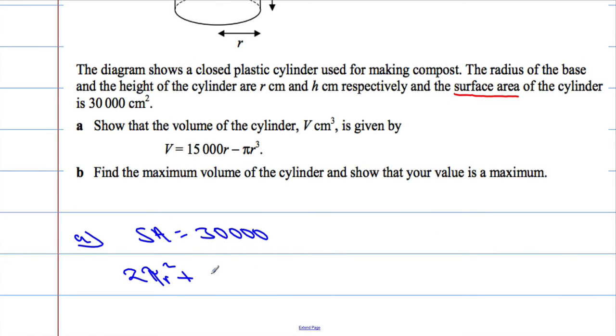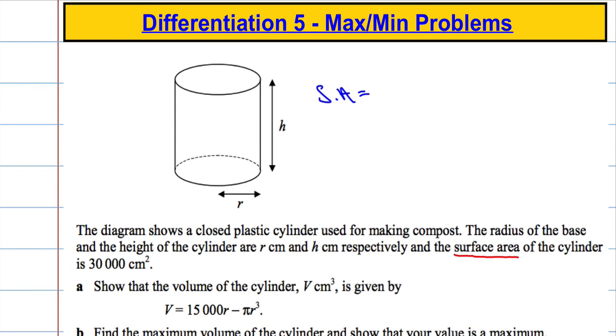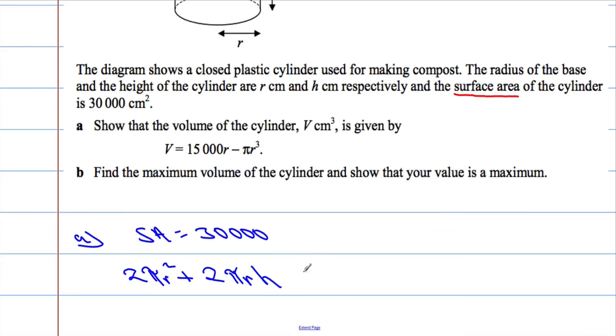The circumference of a circle is 2 pi R, and we need to times that by H. So 2 pi R times H gives me the curved surface area, and that's going to equal 30,000. Okay, let's see what we can do here.